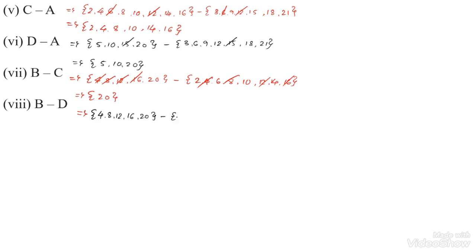After that, the elements in D: 5, 10, 15, 20. 20 is the only common element. Therefore, 4, 8, 12, 16. Next question. C minus B.